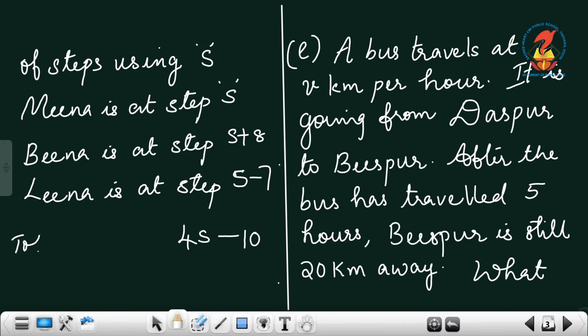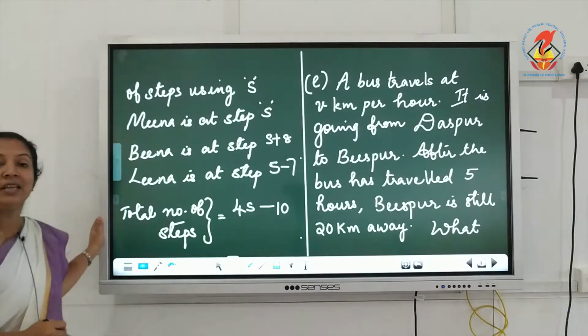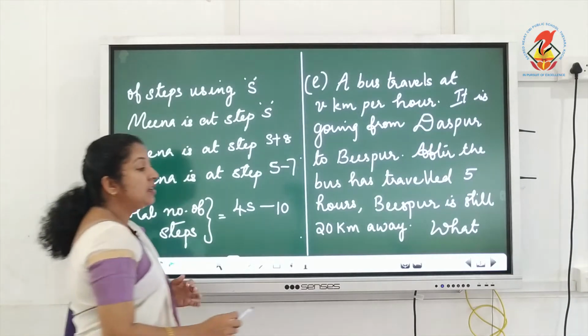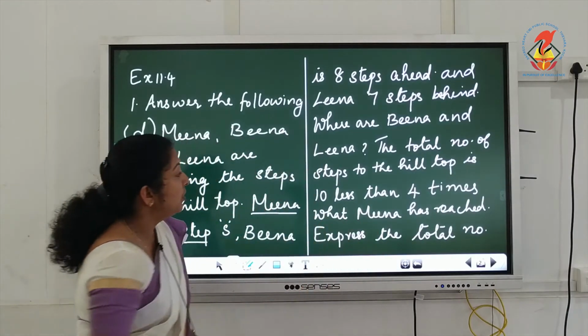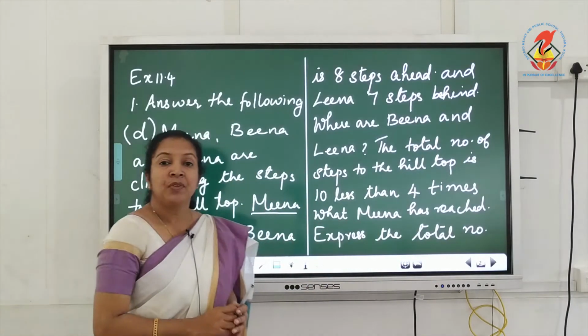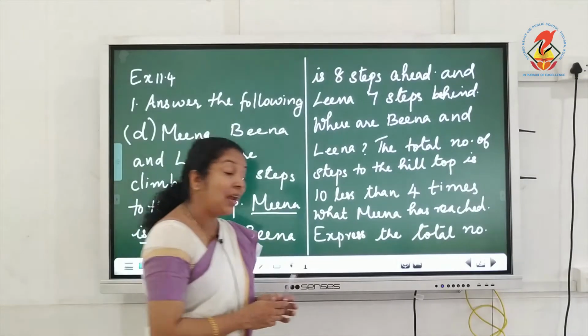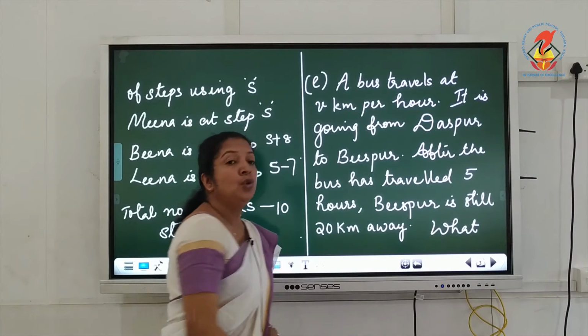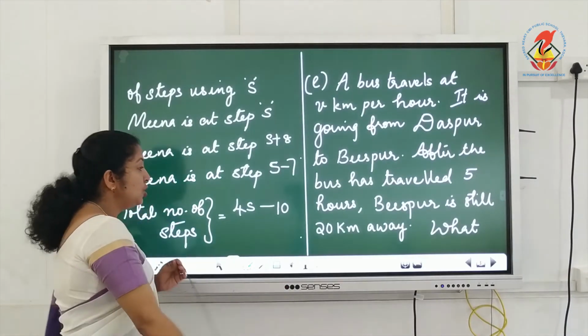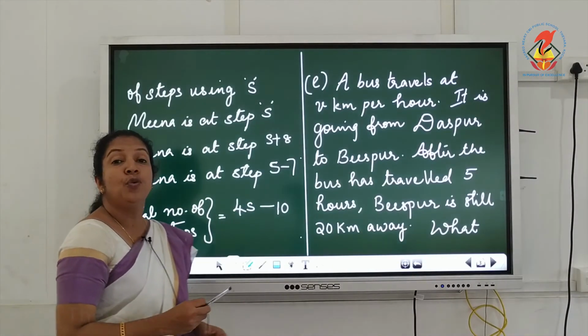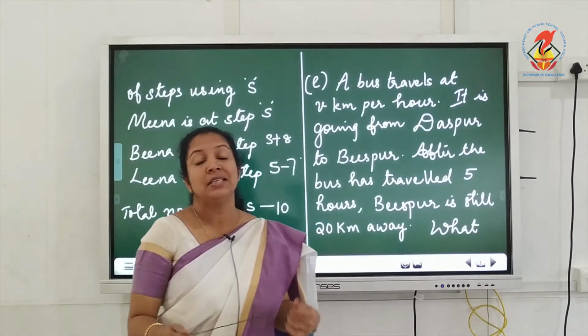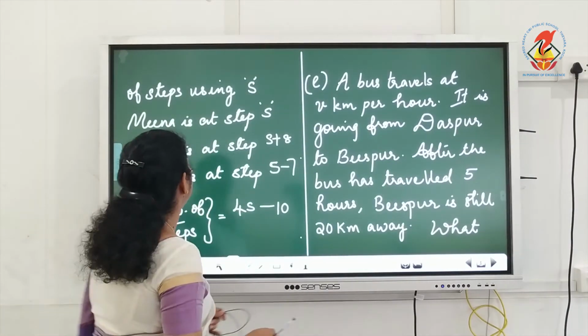So the total number of steps is 4S minus 10. 10 less than 4 times what Meena has reached means 4S minus 10.